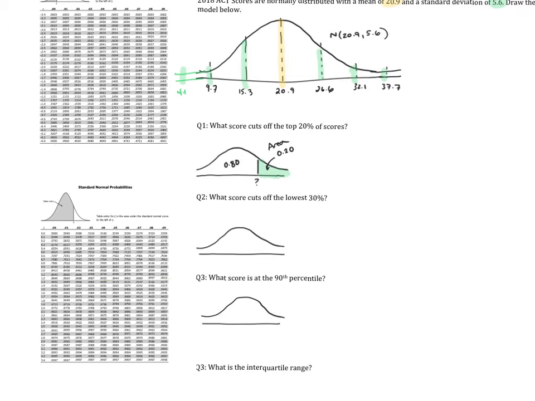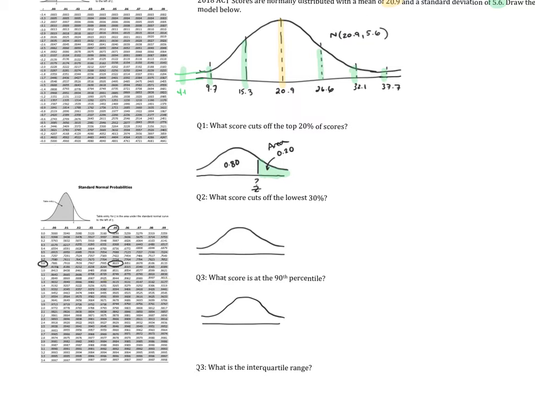It's going to be above the mean. Here's 0.81, 0.7852. Here we go. And you're just going to find the number that's closest to it. Like if you picked 0.7995, that's fine too. And so it's going to be a z-score of 0.85.